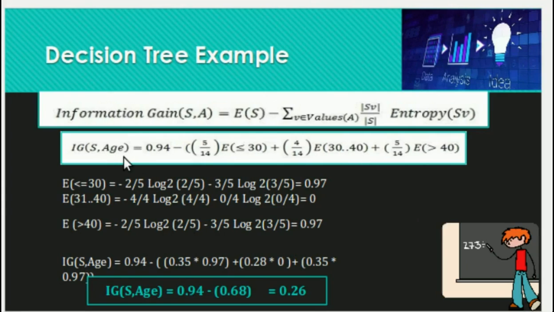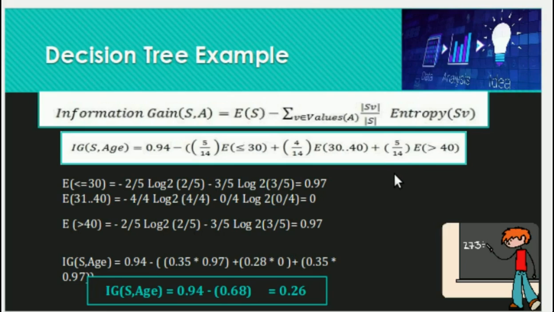That is, the information gain for training set S with attribute age is equal to 0.94, which is the entropy we earlier calculated for the training set S, minus 5 out of 14 total records for the age less than or equal to 30, plus the information for the age between 31 to 40, plus the information for the age greater than 40.